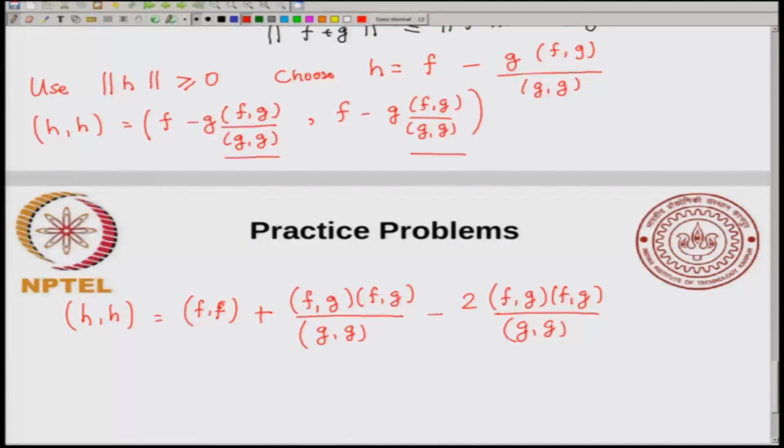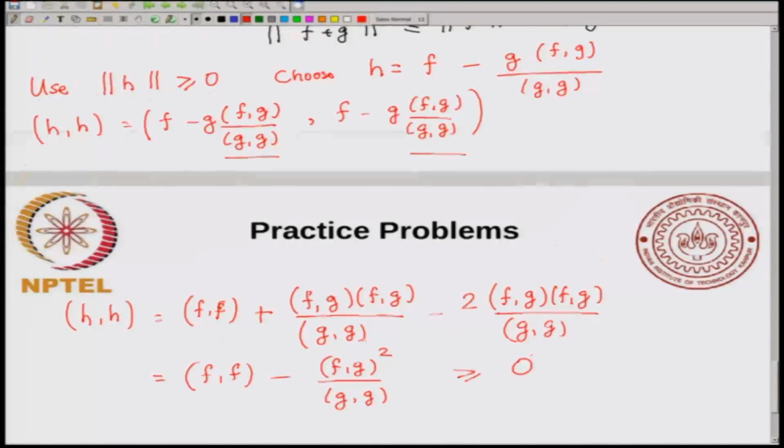Notice that this particular choice of h ensured that the second and third terms are basically the same. So what you get is (f, f) minus (f, g) whole square divided by (g, g), and because this is the norm of h, it should be greater than or equal to 0.